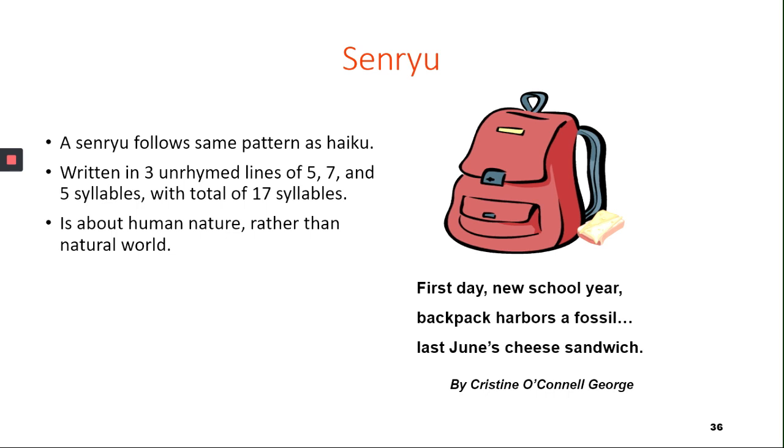First day, new school year. Backpack harbors a fossil, last June's cheese sandwich. So this doesn't have to rhyme. And again, same as haiku, 17 syllables with a 5-7-5 pattern of syllables. And then, again, pakatandaan po, haiku is about nature. Senryu is about human nature or gawang tao.